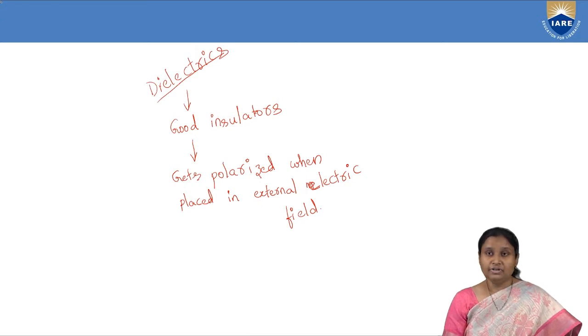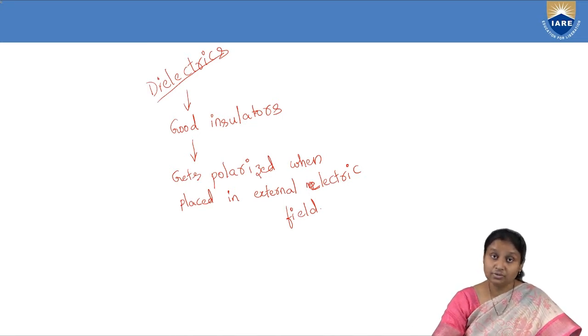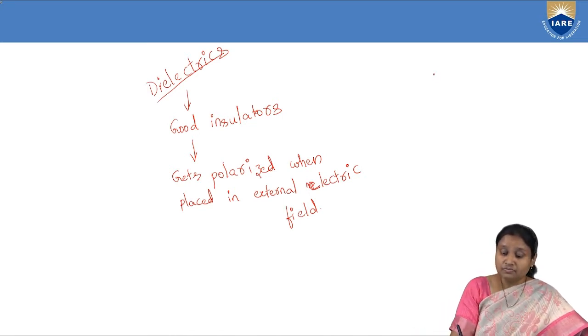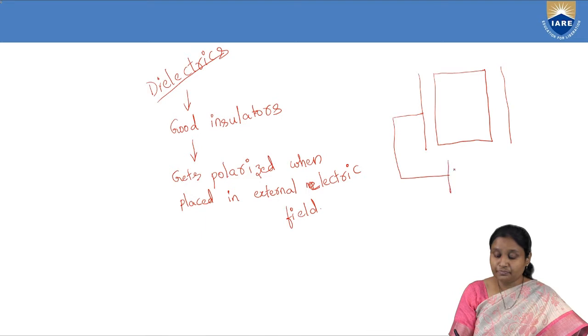Now, if we try to recollect what exactly this phenomenon of polarization is, we know that to apply an electric field to a dielectric material, we'll keep it in between two capacitor plates and then apply the electric field.